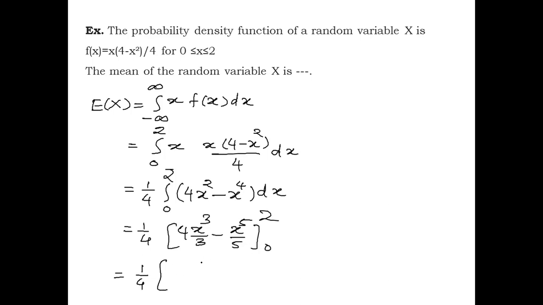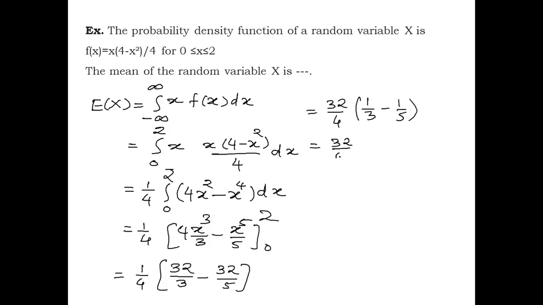You have to solve this and you will get the answer. I am not interested in evaluating this, so you can do it. 2 to the power 3 is 8, 2 to the power 5 is 32. So this is equal to 1 by 4 into 32 into (1 by 3 minus 1 by 5), which is 32 by 4 into (5 minus 3) by 15, so it is 16 by 15.